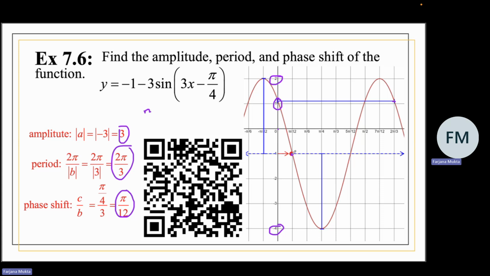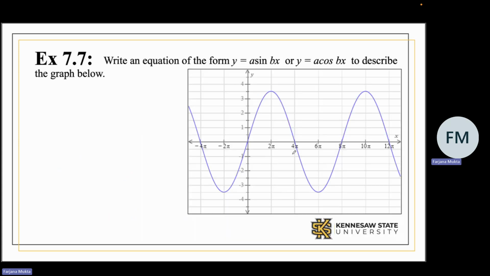Now let's move forward to the next example. Here we are trying to write an equation of the form either y equals a sine bx or y equals a cosine bx. We do not know which we have. We need to figure it out depending on the graph we see below. Let's notice the graph. We see that the graph is starting from 0.